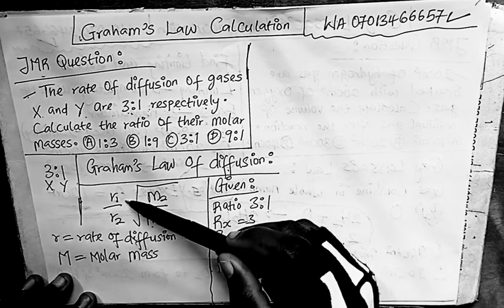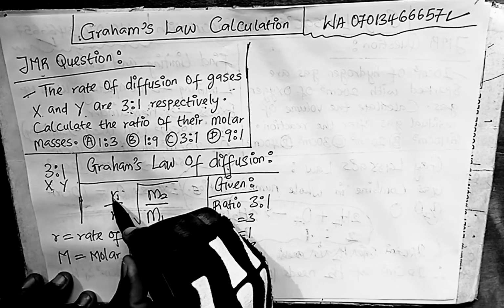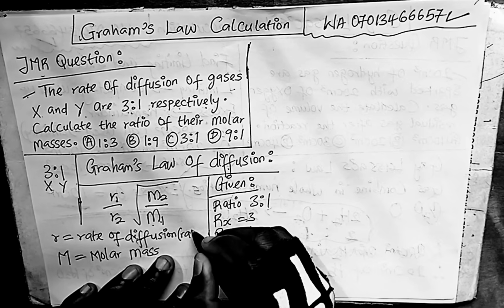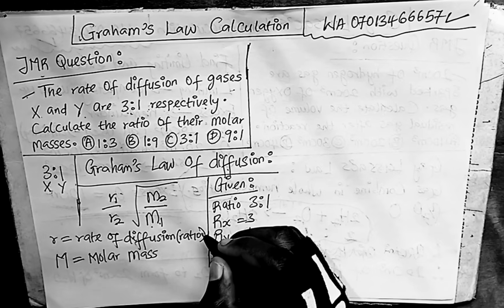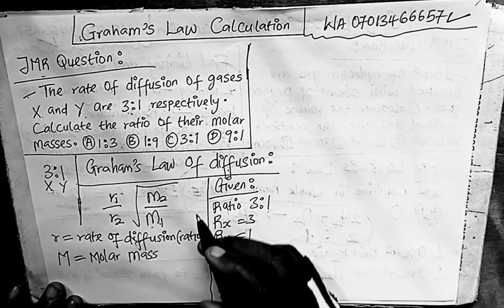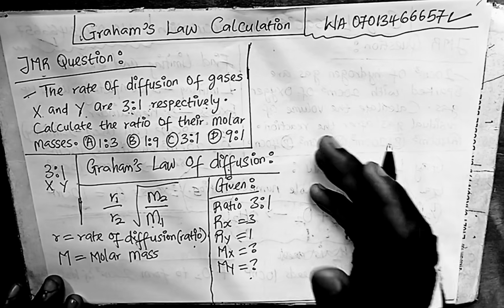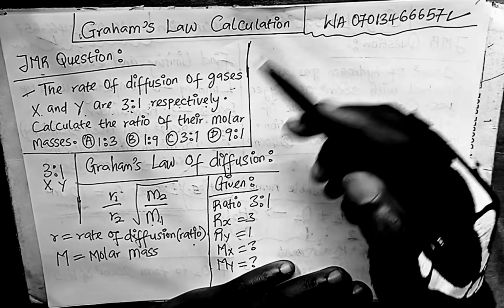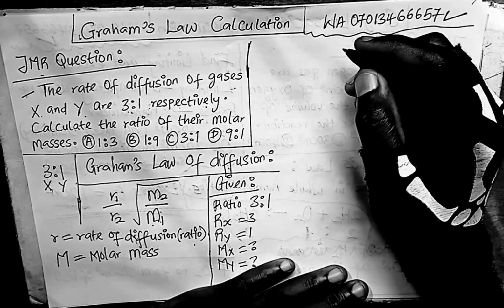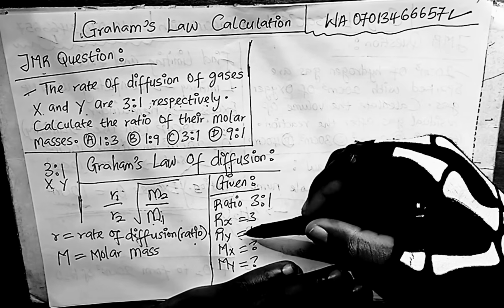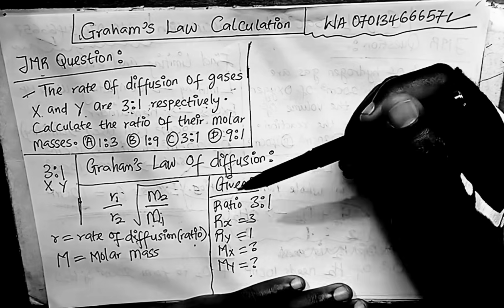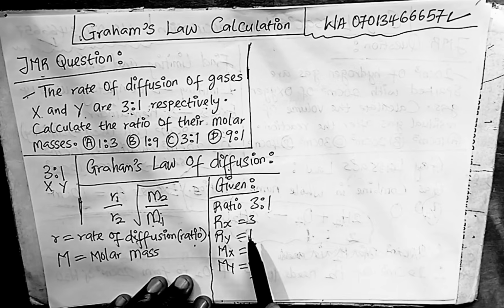Here, the rate of diffusion is represented as the ratio, so you can see it as the rate of diffusion or the ratio of diffusion. So we substitute everything and solve. We already know that all these are molar masses. R1, the first ratio, is 3.